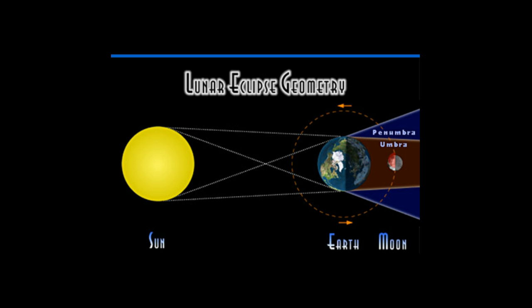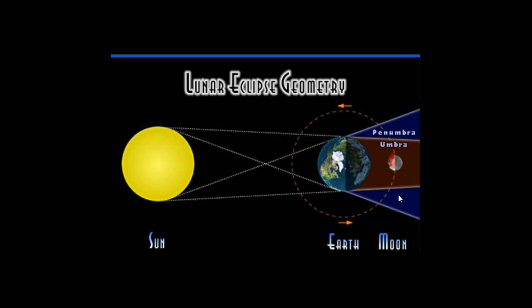Now the initial and final stages, that is when the moon is in the penumbral shadow, are not so noticeable. Write that down. So the initial stage would be up here, the final would be down here. When the moon is in the penumbral shadow, it's really difficult to tell.